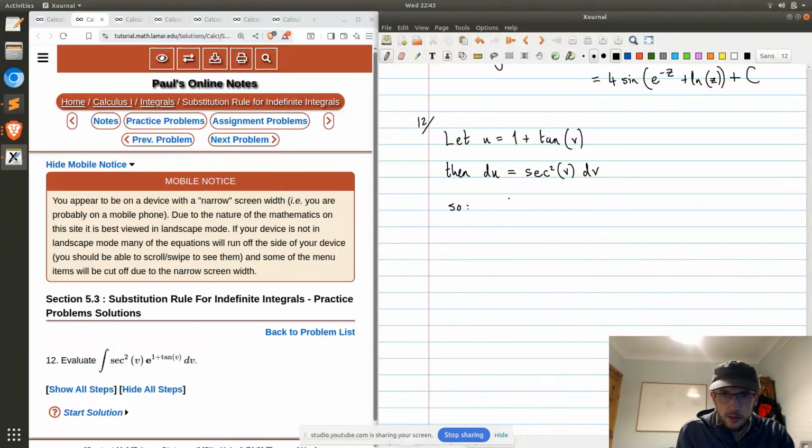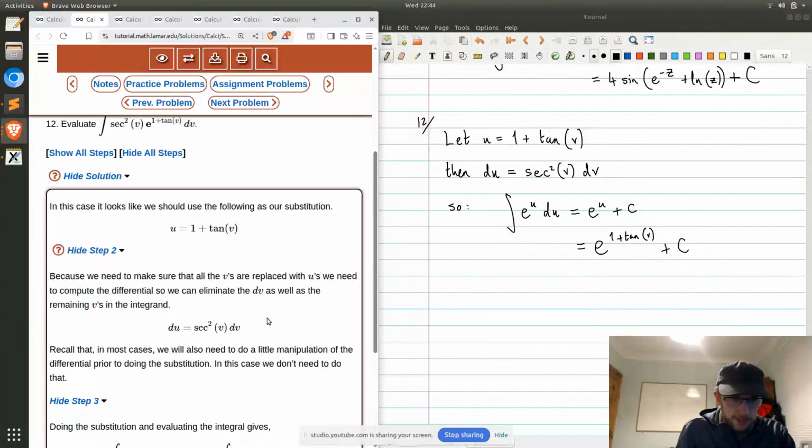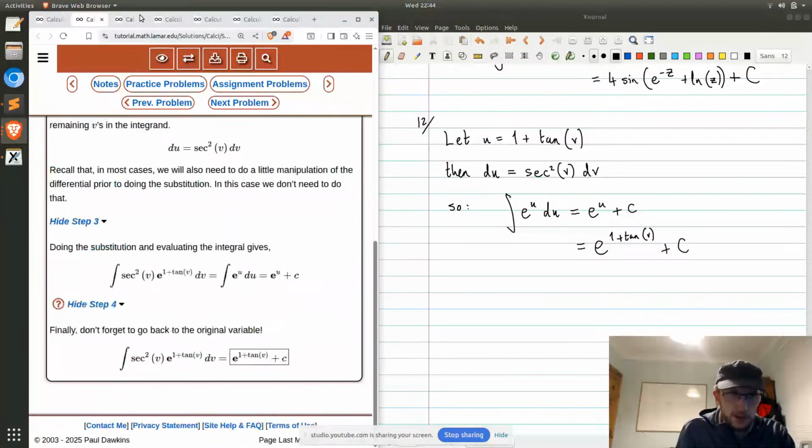So the original integral becomes e to the u du, which is e to the u plus c, which is e to the 1 plus tan of v plus c. That's correct.